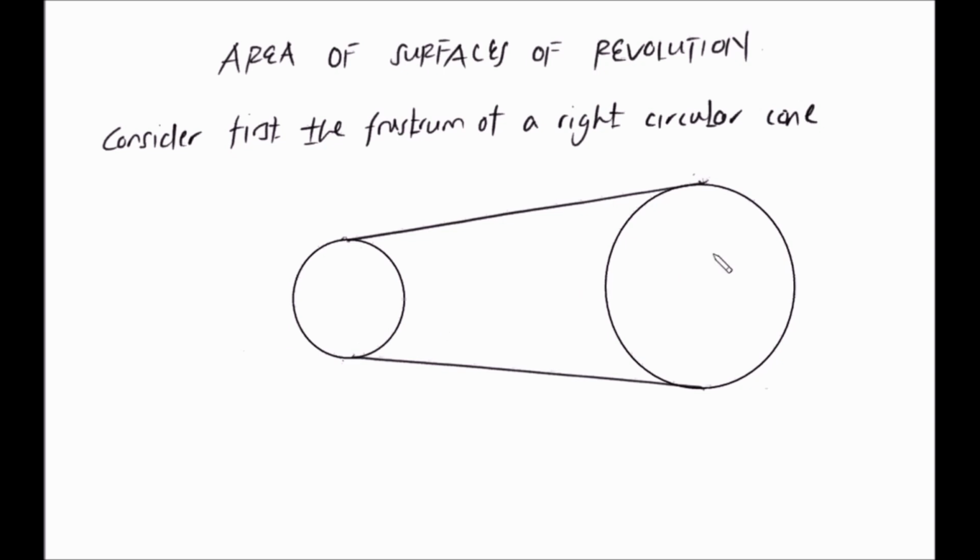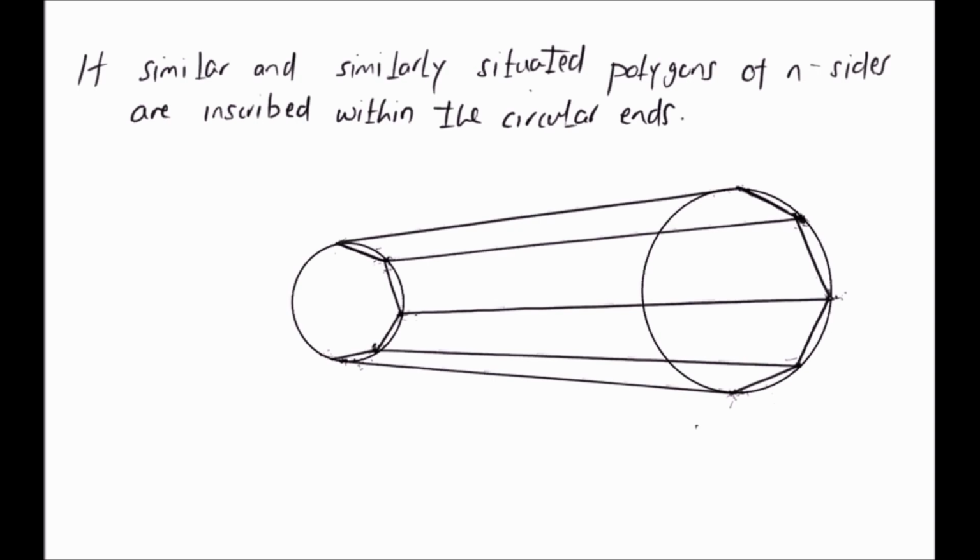So there are two similar polygons. Kama hivi. Yeah, so I have put a polygon inside the small cycle and another polygon inside the large cycle. So they are similar polygons with n sides.